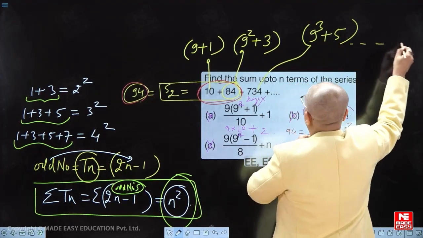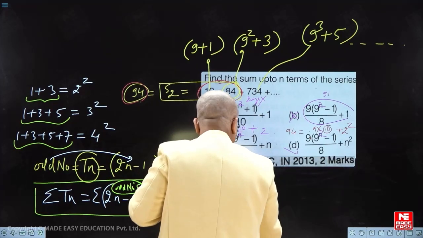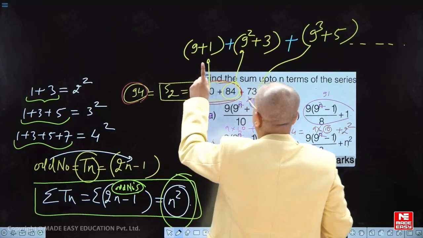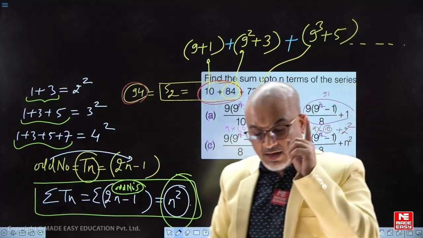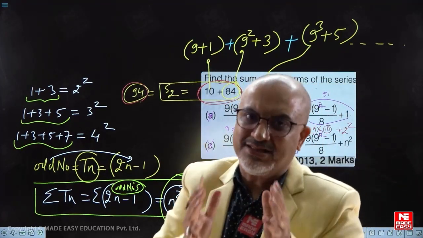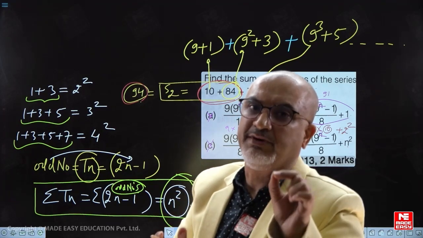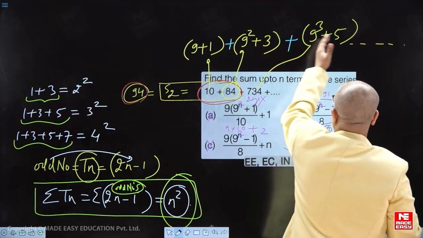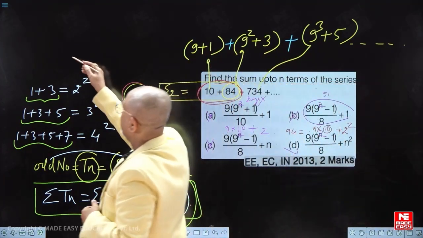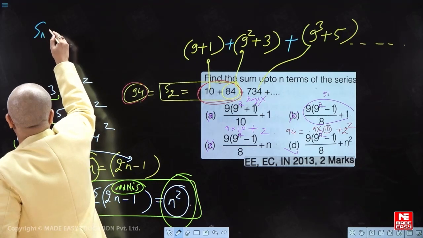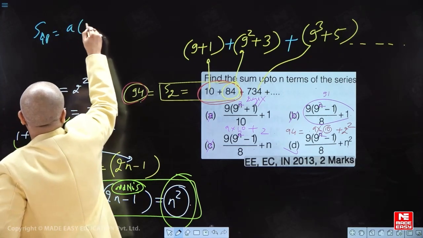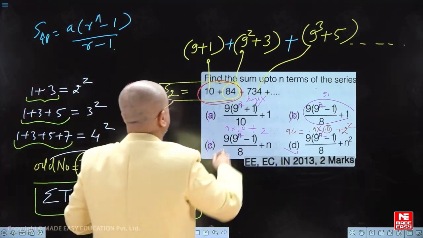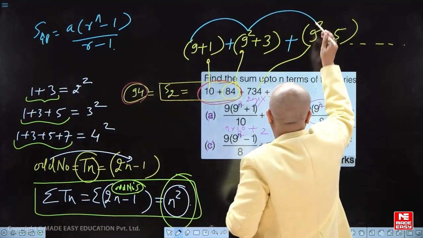मेरे बच्चे देख लेंगे, ये भी सेम टाइप का कंसेप्ट आ रहा है. देखिएगा, अब इसमें necessarily a part of the series is a geometric progression, and another part of the series is 1 plus 3 plus, and we already know from the hint side, we already have the formula Sn for a GP, A(R^n minus 1) divided by R minus 1, for R to be more than 1. 9 square, 9 cube.